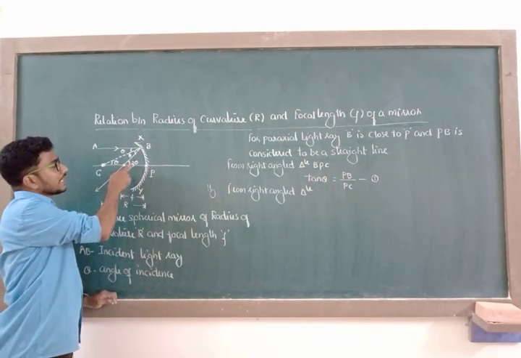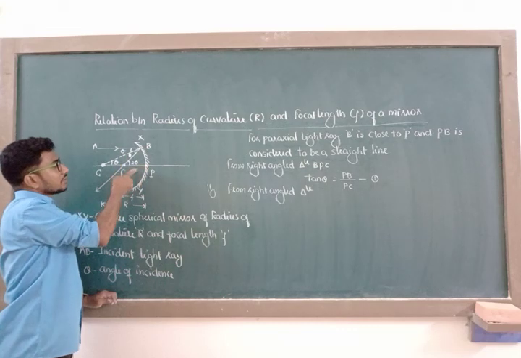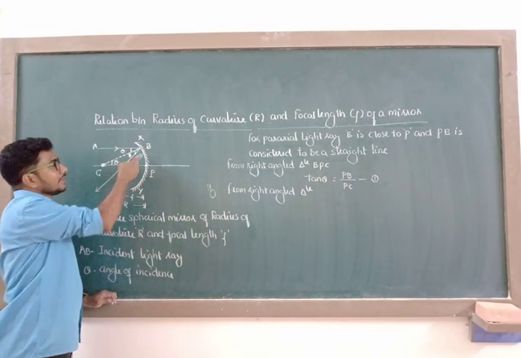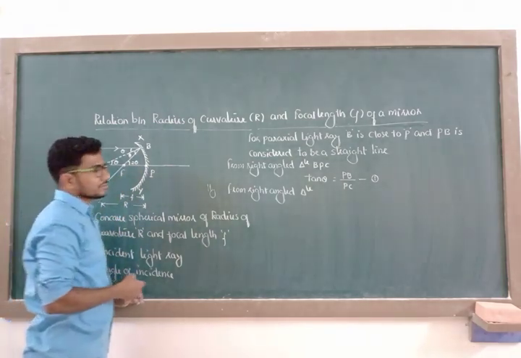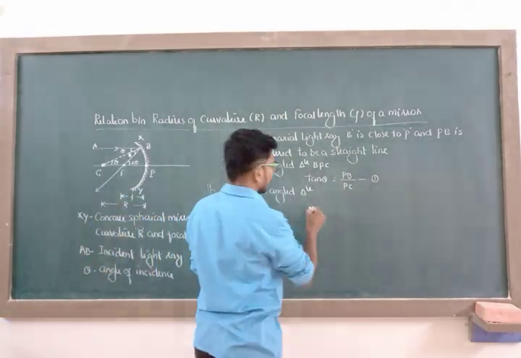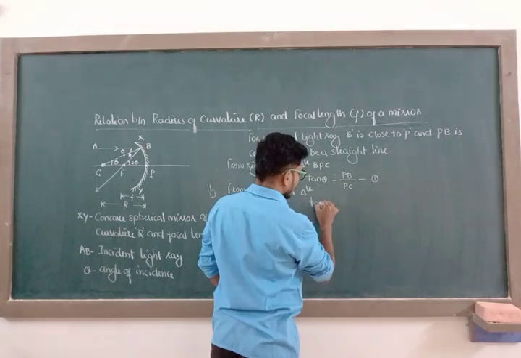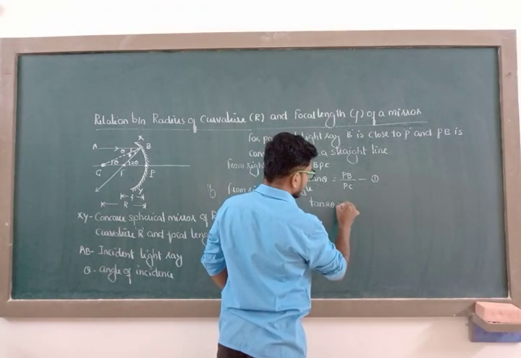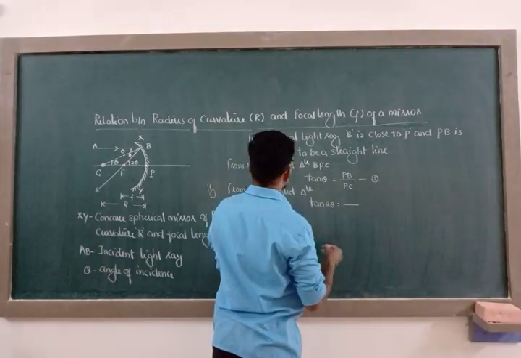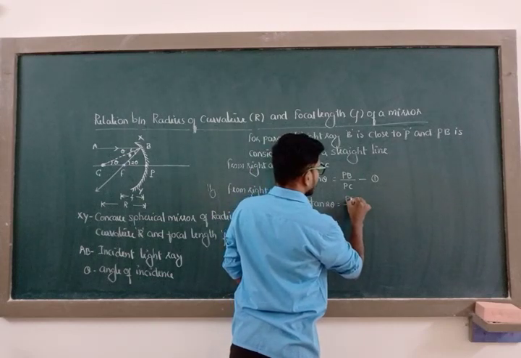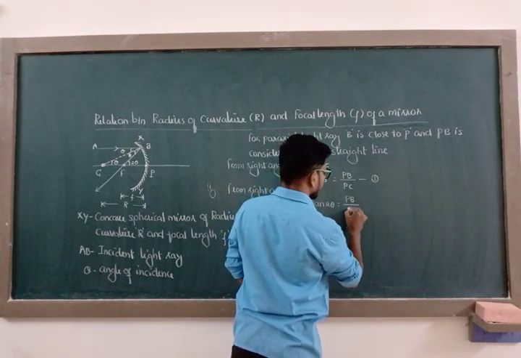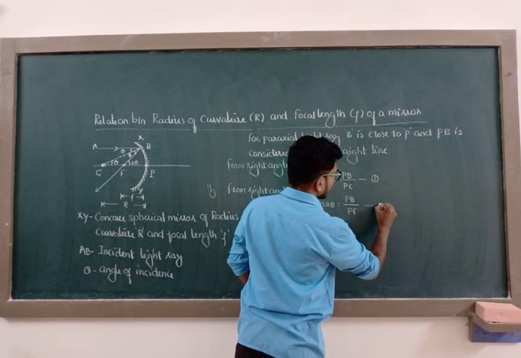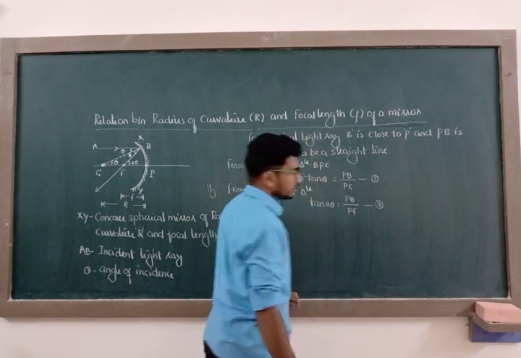So tan 2 theta is equal to opposite divided by adjacent side, PB divided by PF. Tan 2 theta is equal to opposite side PB divided by PF, equation number 2.